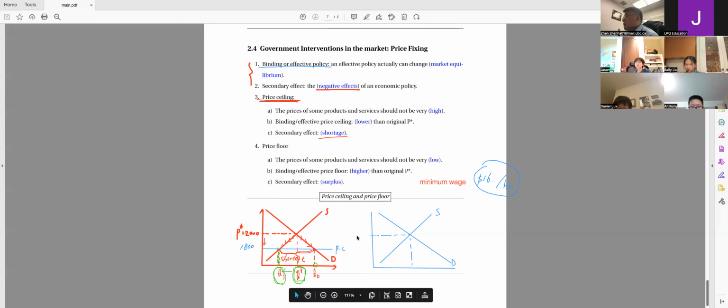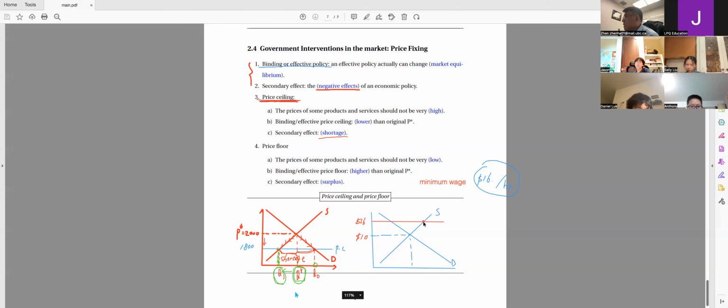Using my example, the minimum wage was $10 per hour, but now it's $16 per hour. You see how the market responds to this policy.